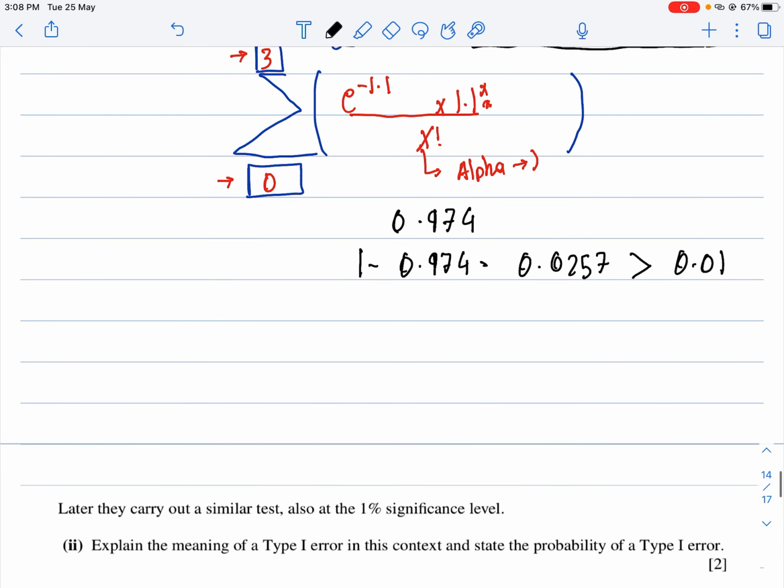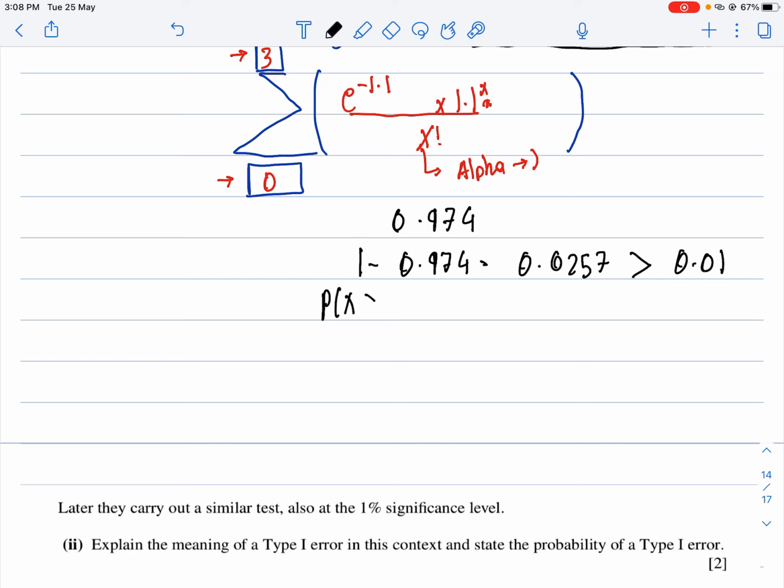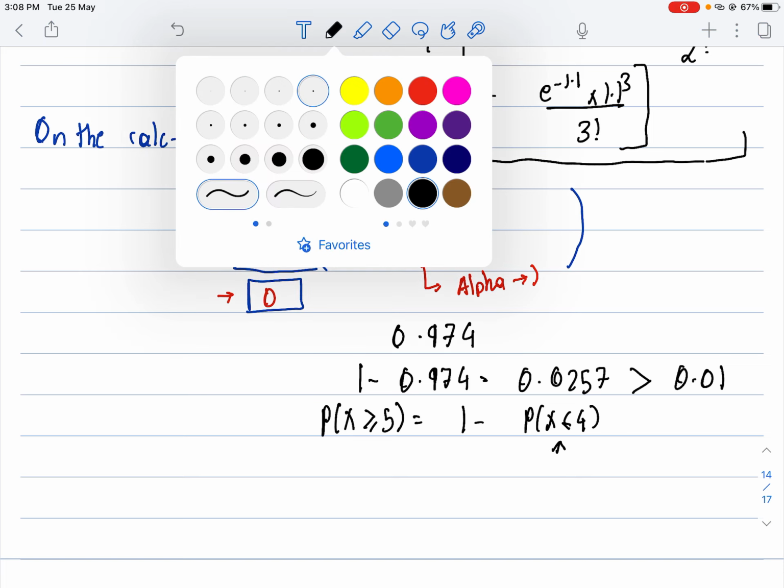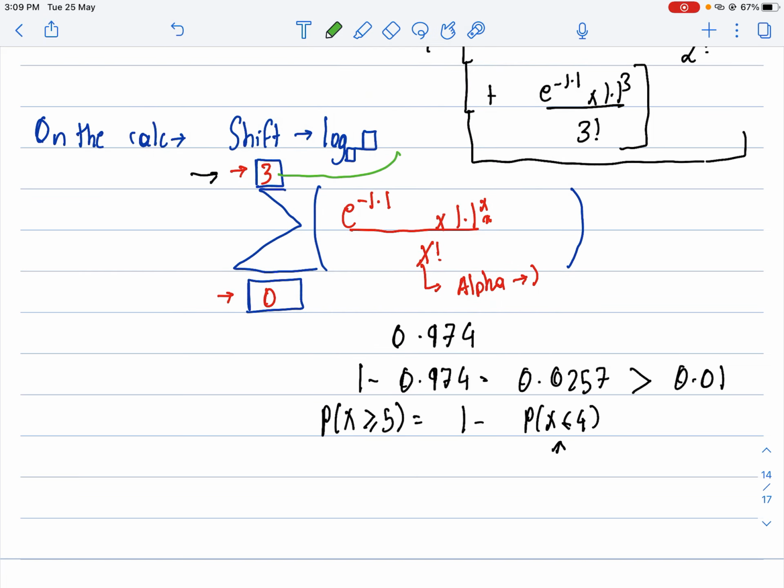But now if you see the probability of x more than or equal to 5, which is 1 minus the probability of x less than or equal to 4, to calculate this you can maintain this equation, but instead of 3 here, you can click on 4. When you do that, it's a very good way on the Calci where you can know your answer.